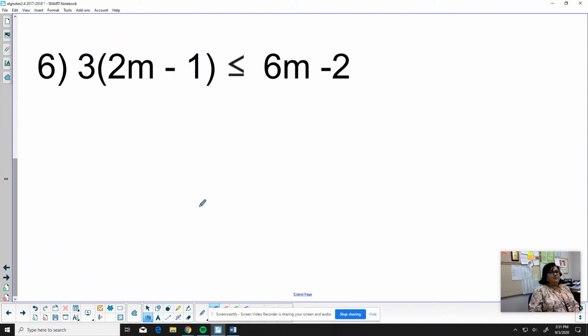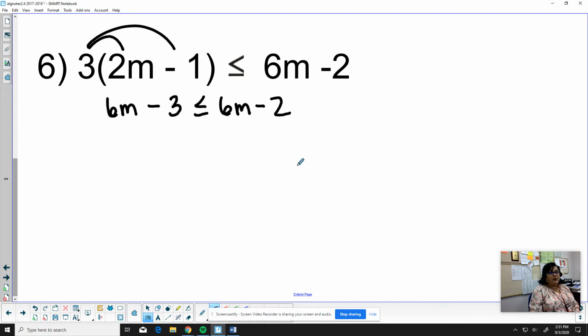Let's try this one. So here I've got a parenthesis on the left that I need to multiply by 3. So let's go ahead and multiply that 3. So 3 times 2m is 6m, and 3 times -1 is -3. The other side I just brought down. It was already 2 terms. There's no parenthesis. I'm in good shape.